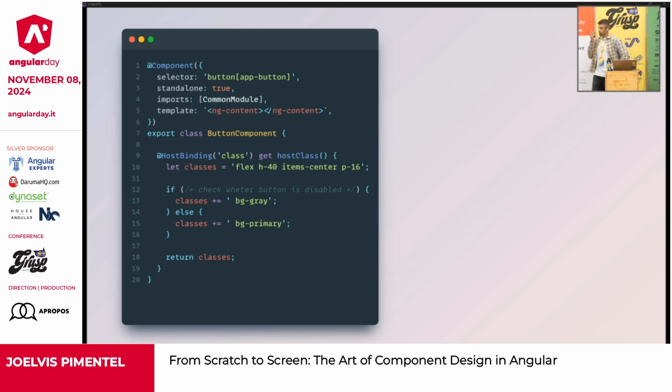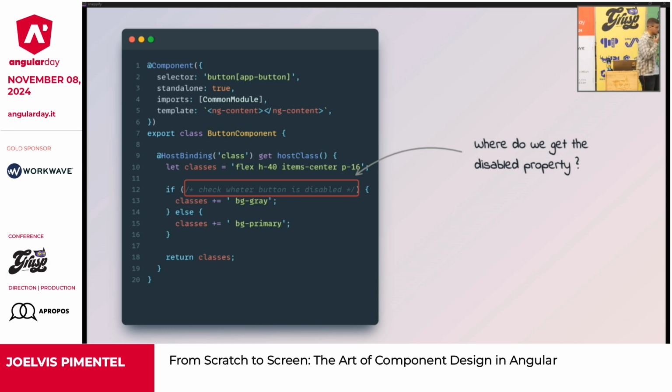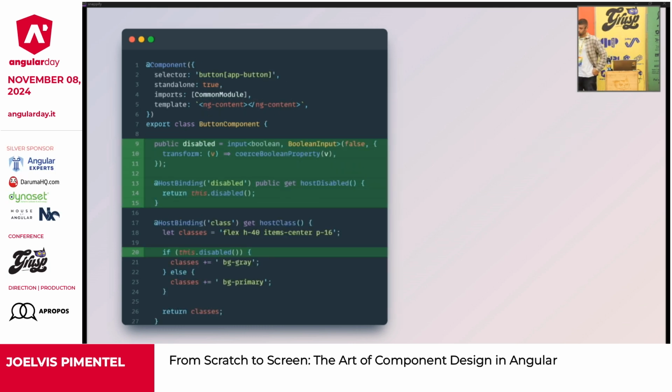And some of you might have noticed that we are missing a condition here. We need to check if the button is disabled or not, but this is a native button, so we don't have access to the disabled property. How we can do this? So there is a way, actually. We can just define an input, let's call it disabled.